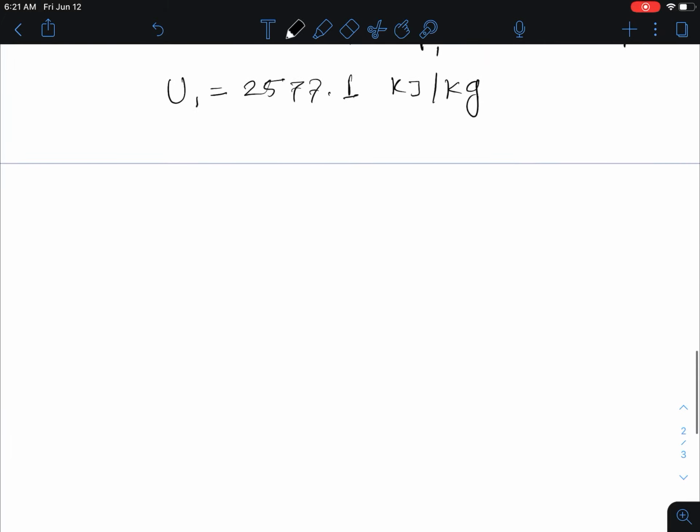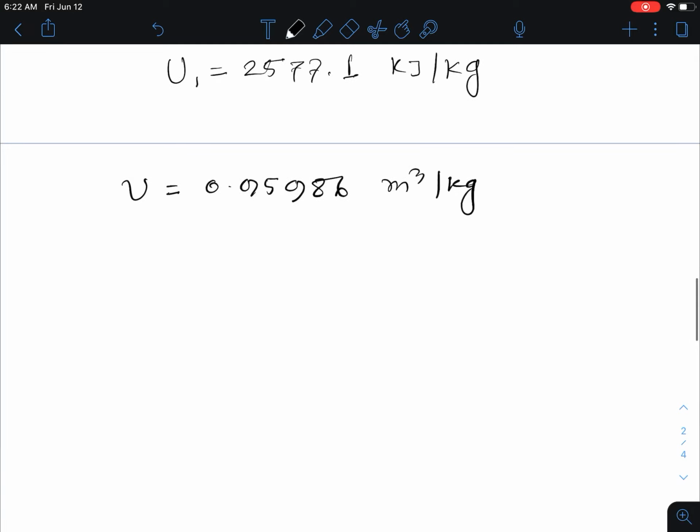We do have the specific volume 0.95986 meter cube per kg, and entropy at that temperature and pressure 7.2810 kilojoule per kg Kelvin, right?